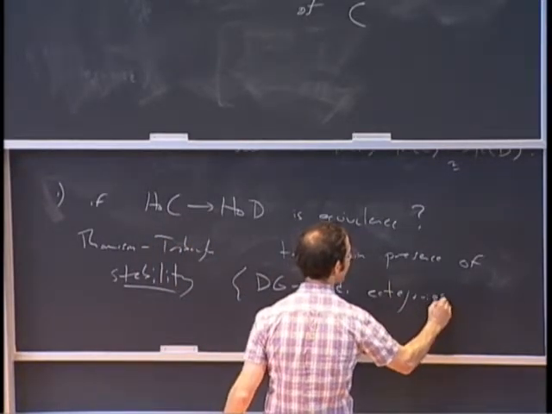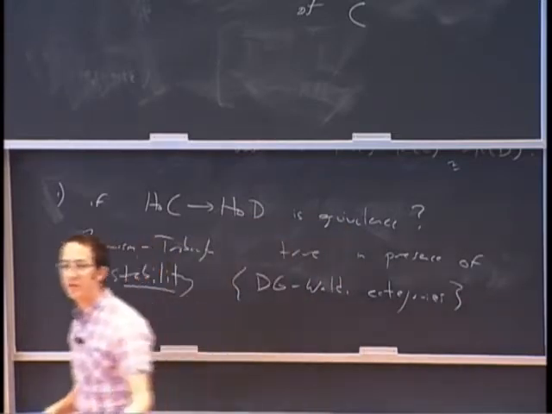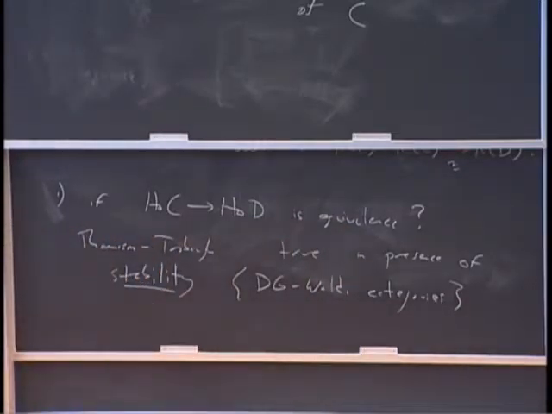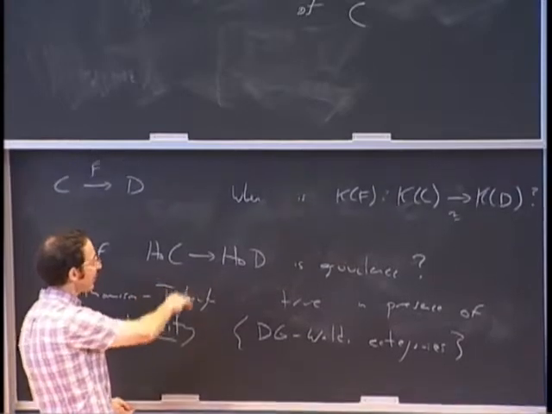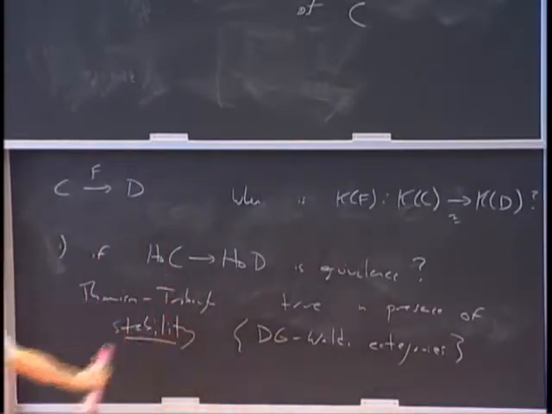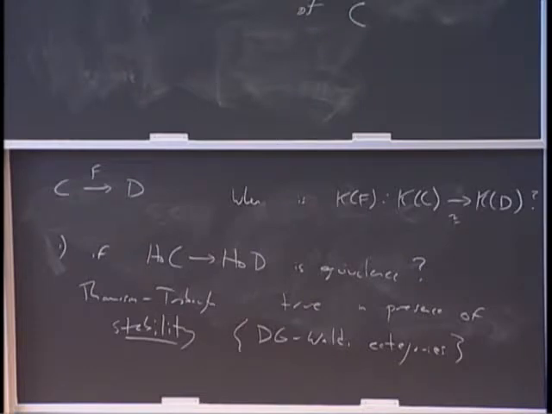So their Waldhausen categories have a compatible differential graded enrichment and have the property that homotopy pushouts and homotopy pullbacks coincide, and some other things which I'm not going to write down. But they show that in that case, it's enough to have a functor inducing an equivalence on homotopy categories.